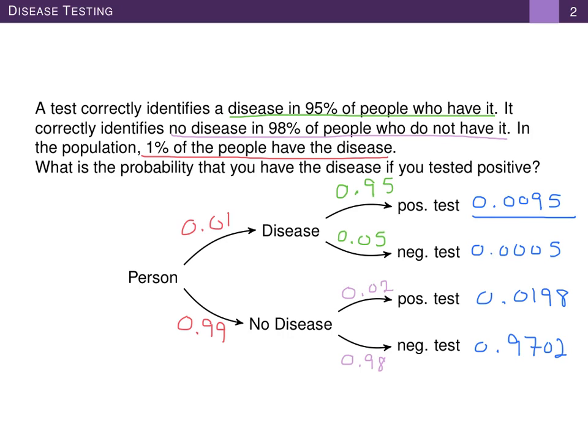And if I have no disease and the test comes back negative, 0.9702. So what we were after originally is the probability that I have the disease given that I have a positive test. Now I can just read the appropriate things off the right-hand side. I have to have a positive test, so that's here and here.